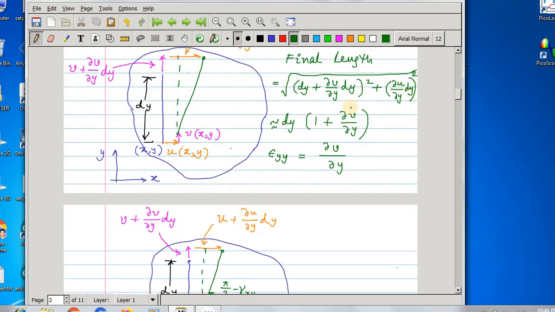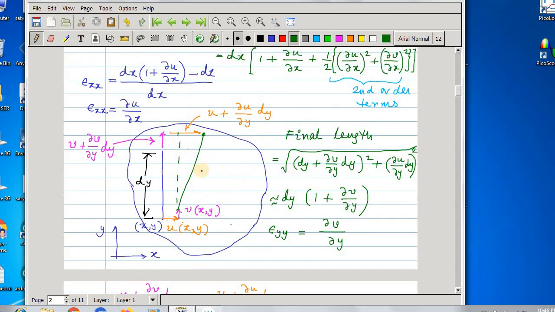In this way, if you take this dy parallel to the y-axis, this is u, this is v, and at this point, if this is u, this should be u plus change in u with dy. So u plus the rate of change of u with y, del u del y into dy, because we are going dy distance.